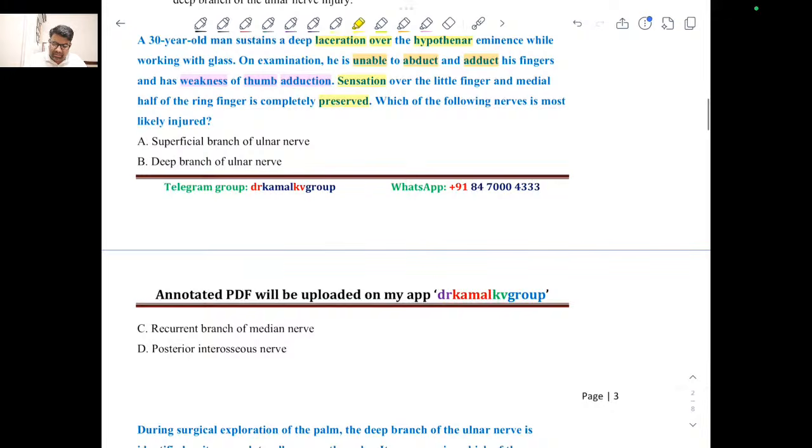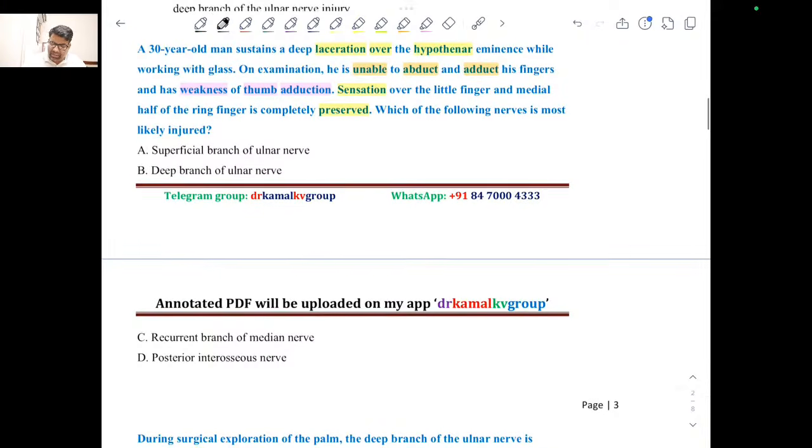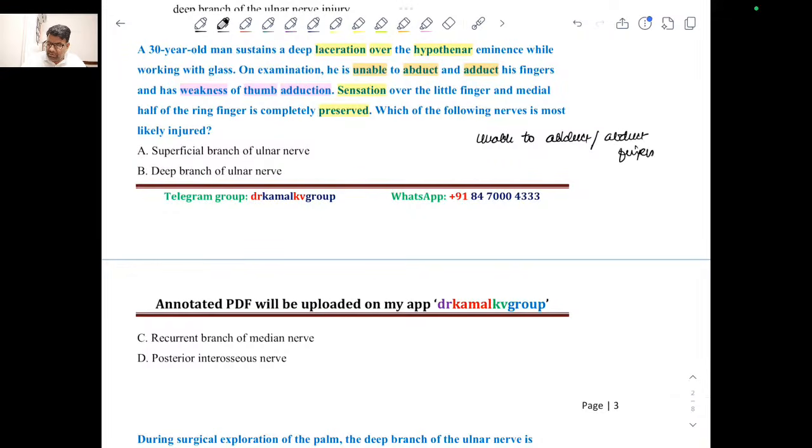Now here I think everyone can answer this. There is an inability to adduct and abduct fingers, number one. Number two, there is weakness of thumb adduction, and lastly and most importantly, normal sensations.